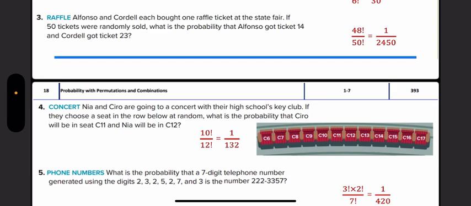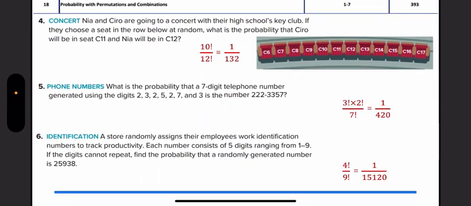So I know the specific ticket that Cordell will take. In this case, do I need to add the unknown order, like by writing 2 factorial in the numerator? The answer is no, we don't have to, because we know the specific ticket each of Alfonso and Cordell will take. Okay, Shabab? That's it, and write the answer.